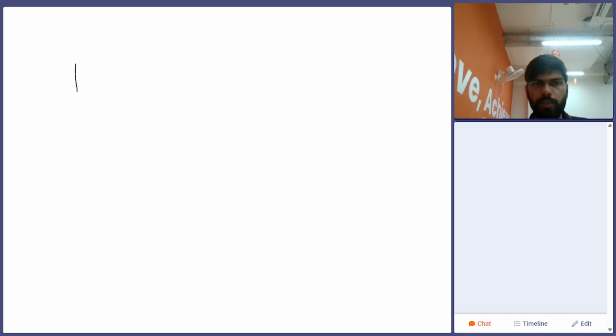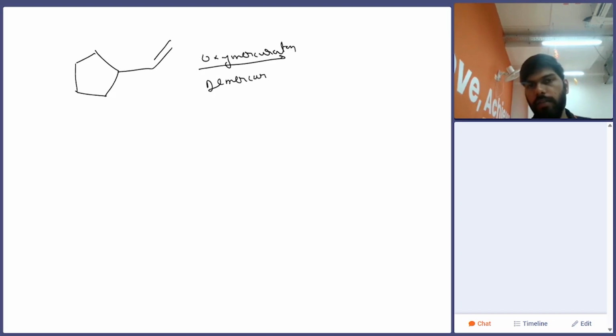Now for the third one, that was oxymercuration and demercuration. This follows Markovnikov rule, and in all these processes the common thing is addition of water.